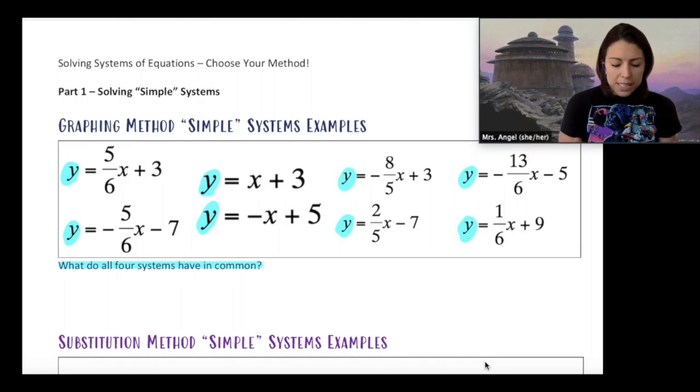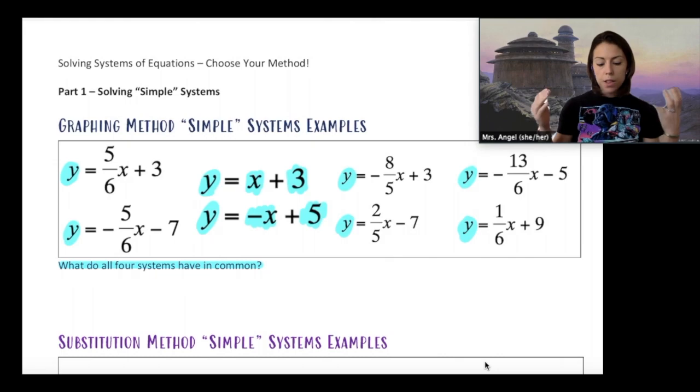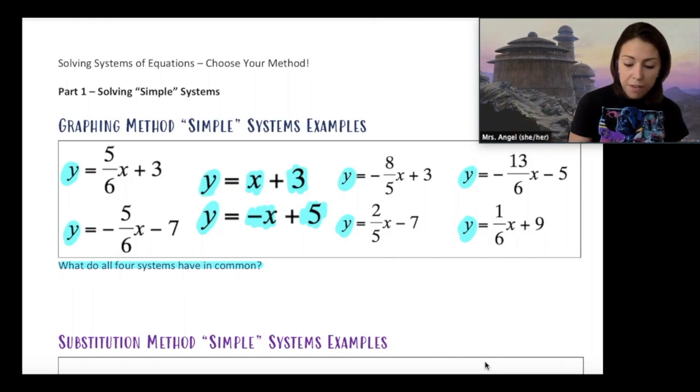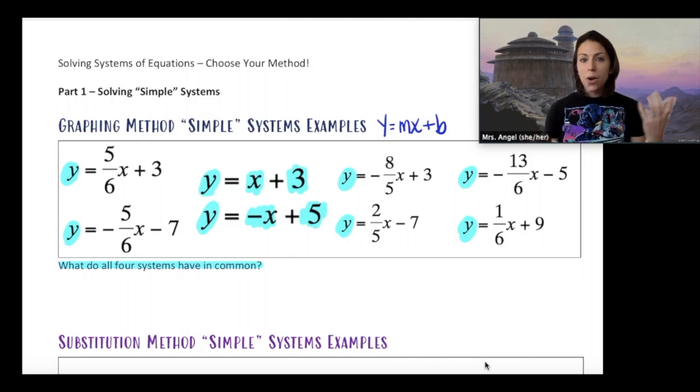I also notice that along with the y equals, they have some type of x term and then some type of constant. That's basically saying that all of these equations are following the same form. That form is y equals mx plus b, which we know as slope-intercept form.